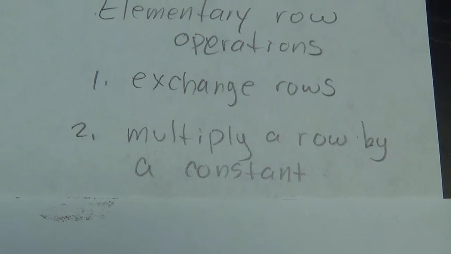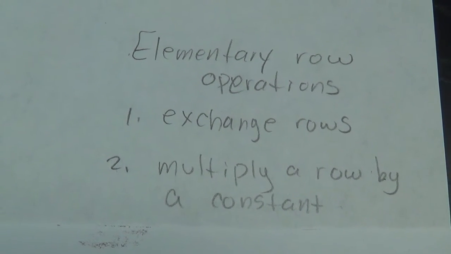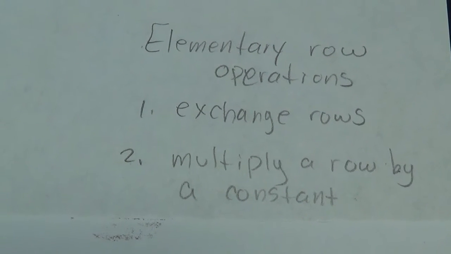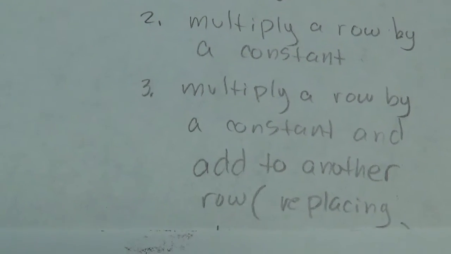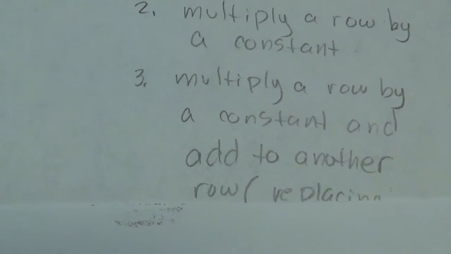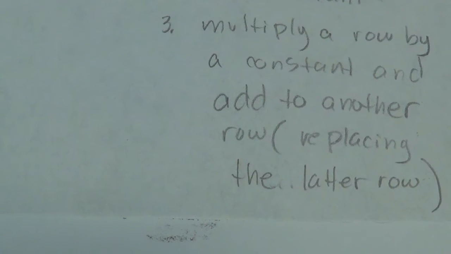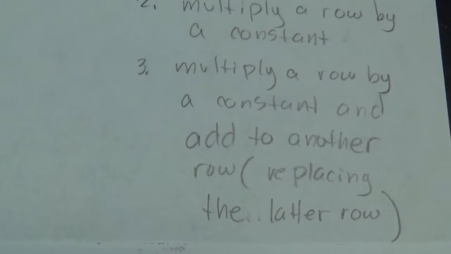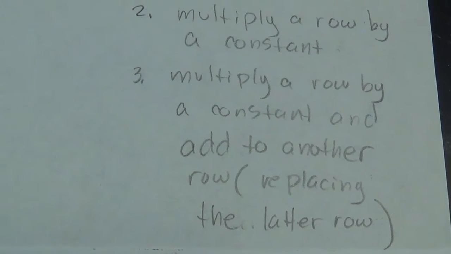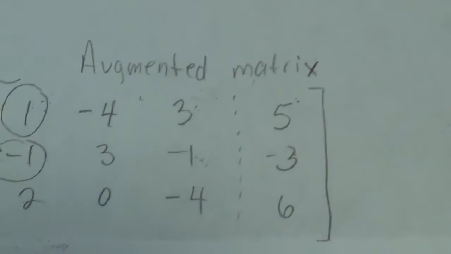Number 2, you can multiply an entire row by a constant. And number 3, you can multiply a row by a constant and add those numbers to another row, replacing the latter row. Jot down those rules and come back to see how we're going to continue to solve this for X, Y, and Z.